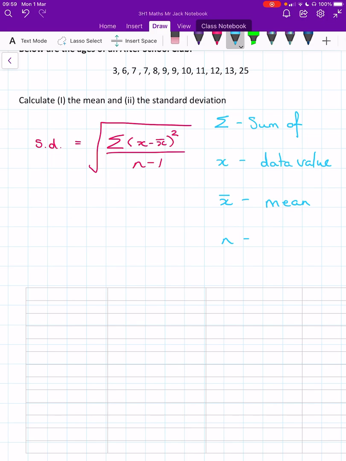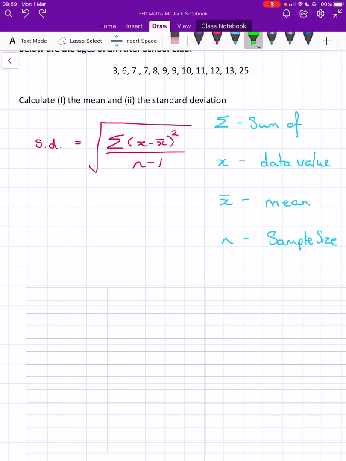And n is the sample size, in other words, the number of bits of data that you have. And again, you've met that before. So really the only new thing that you've met today is the sum of. Nothing else is new.